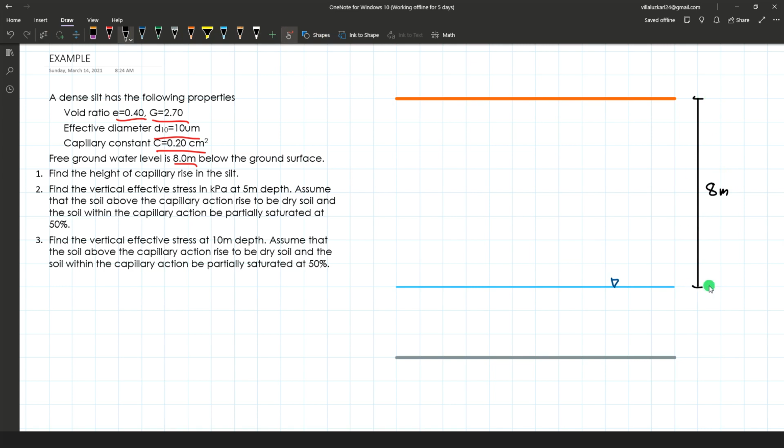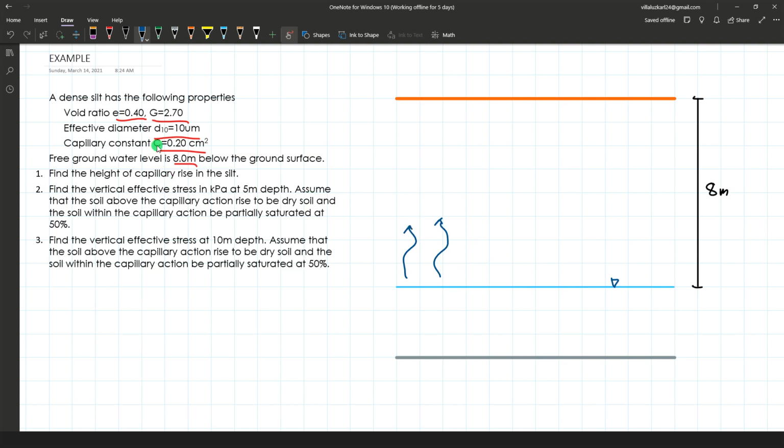The first requirement is: what will be the height of capillary rise in the silt? If this is your water table, there will be capillary action. What will be the equivalent height of that capillary action that takes place in this soil?